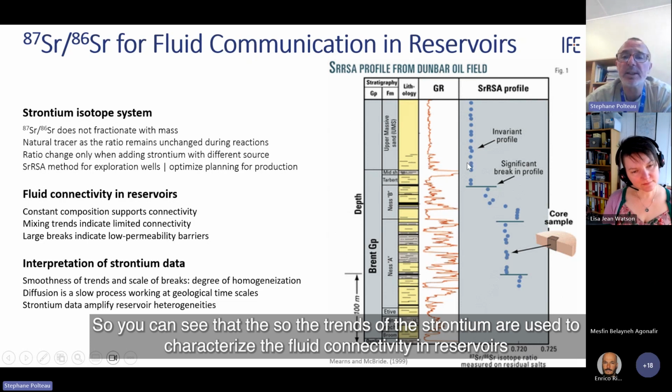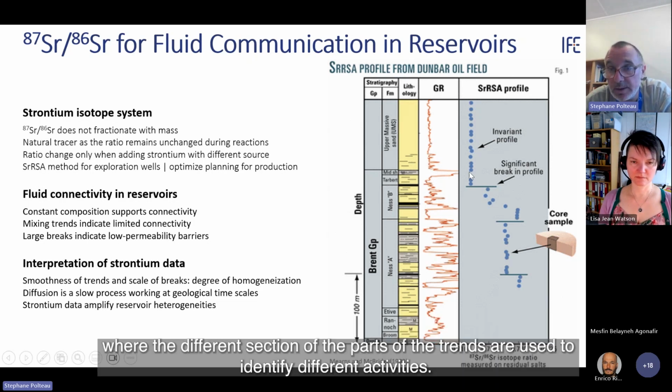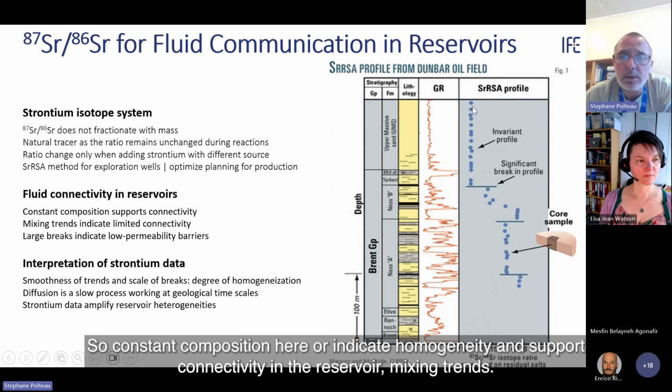So the trends of the strontium are used to characterize the fluid connectivity in reservoirs, where the different sections of the trends are used to identify different aquifers. So constant composition here indicates homogeneity and supports connectivity in the reservoir.